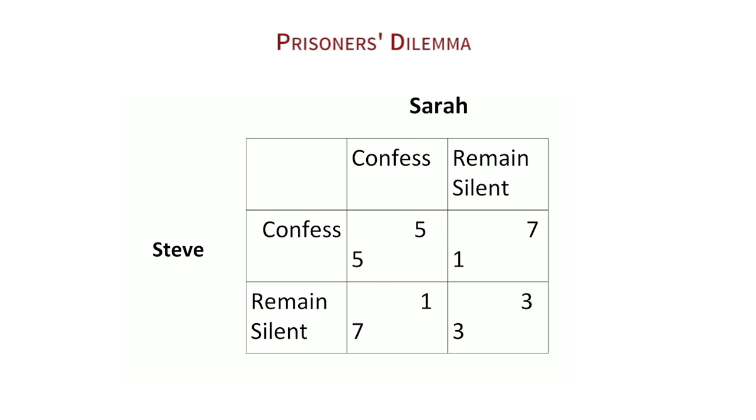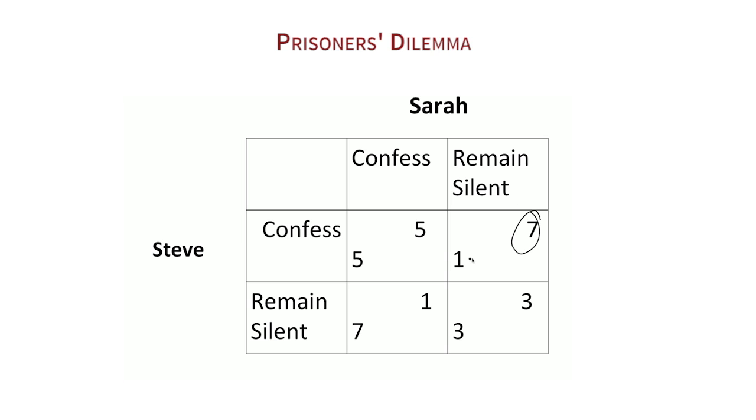And the interesting cases are what happens when one remains silent and one confesses. So let's consider the case where Sarah remains silent and Steve confesses. Then in this case, she's going to have to go to jail for a long time. She didn't cooperate, but they know she did it because Steve confessed.